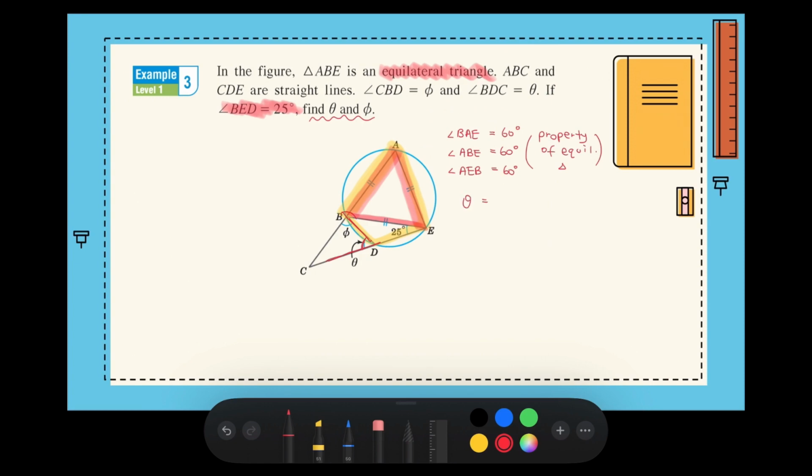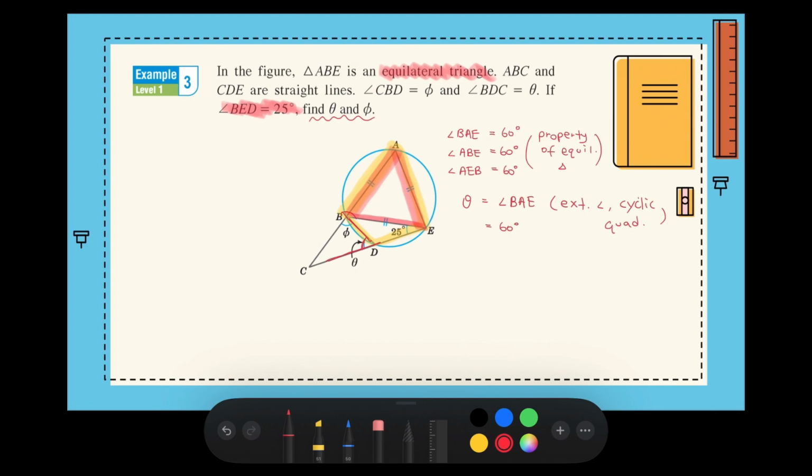So theta equals angle BAE. Exterior angle, cyclic quadrilateral. Remember, it is equal to its interior opposite angle. In this case, it's BAE, which means theta is 60 degrees.